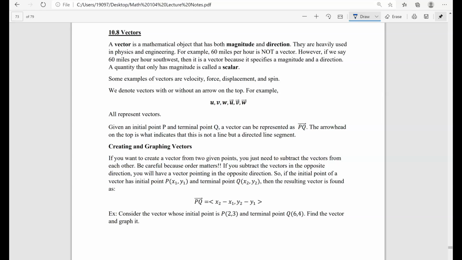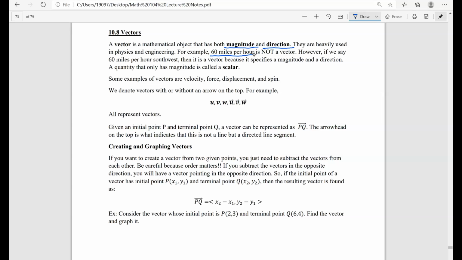A vector is just a mathematical object that has both magnitude and direction. Those are basically the two key things that characterize a vector. They are heavily used in physics and engineering. Let me give you an example. If I were to say that a car is going at 60 miles per hour, that's not a vector, because even though I am given the magnitude, which is 60 miles per hour, it doesn't tell you anything about the direction of this vector.